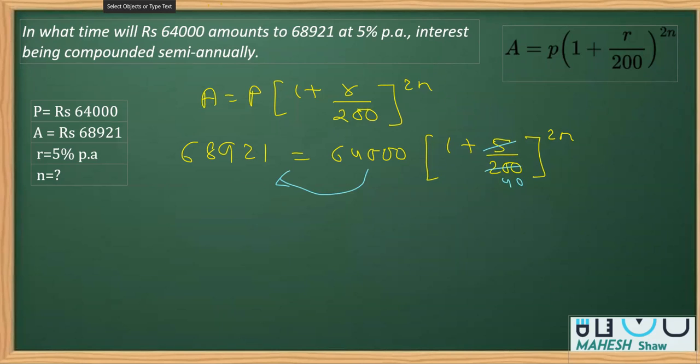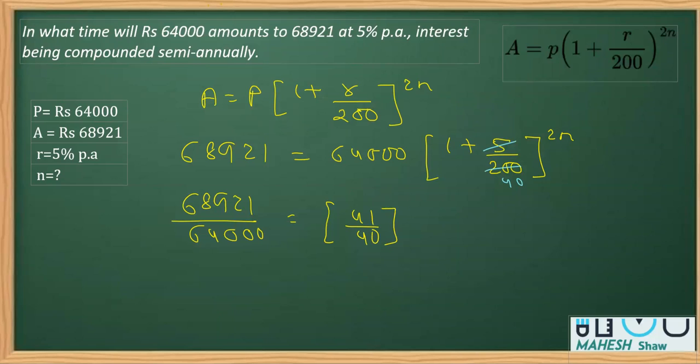If I transpose this to the left-hand side, we'll have 68,921 divided by 64,000 is equal to, if I take LCM on this part, 40 plus 1, that is 41 over 40 raised to the power 2n.